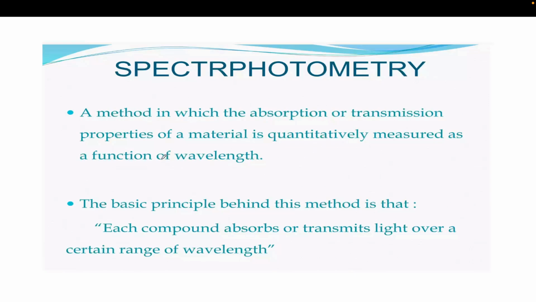The basic principle behind this method is that each compound absorbs or transmits certain kinds of light over a certain range of wavelength. Suppose this is the material. When light passes through this kind of material, then at a particular wavelength it will absorb a certain amount of the light, and the remaining amount it will transmit.